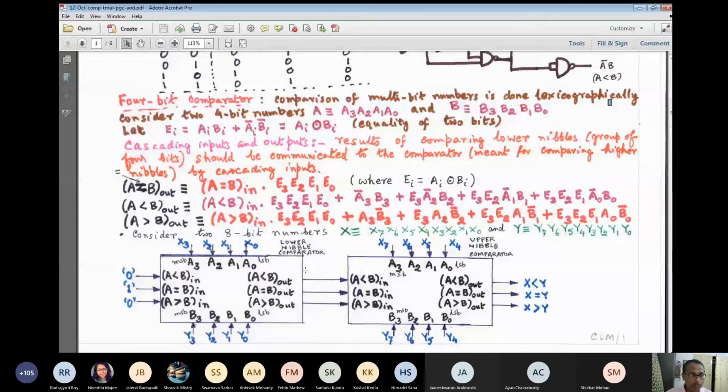These are also known as the interconnection signals or cascading signals. Interconnection means just between two modules, we convey some information. Here, the values of these are clearly determined by the output values of the immediate left neighbor. Immediate left neighbor means that which is of lower significance, and immediate right neighbor means that which is of immediately higher significance.